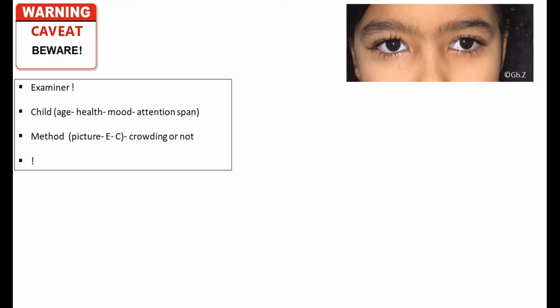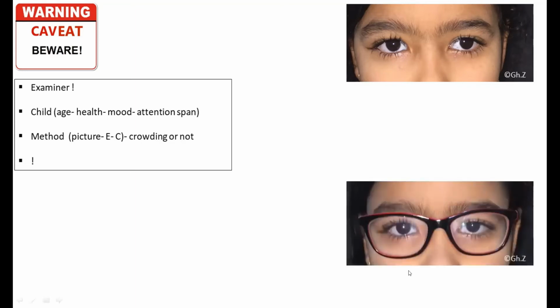Okay, nice. Yes, that's it, ma'am. All right. And do you see the next one now? Yes. Now the child is given glasses, and the apparent exotropia is corrected, and the corneal reflex in both eyes is central. Okay. Thank you, Dr. Sana. Well done.